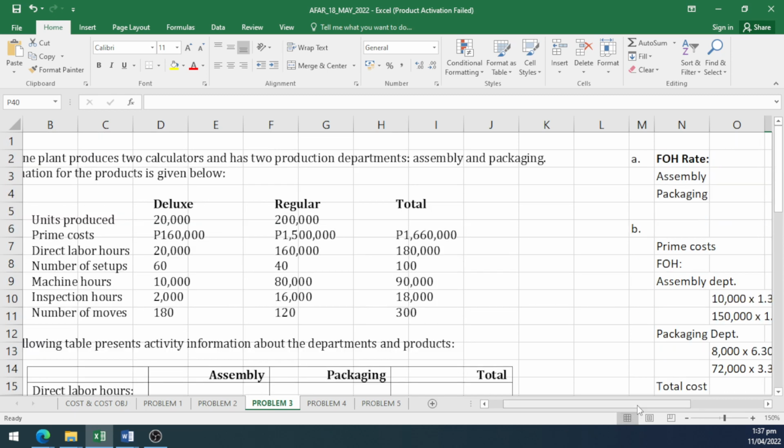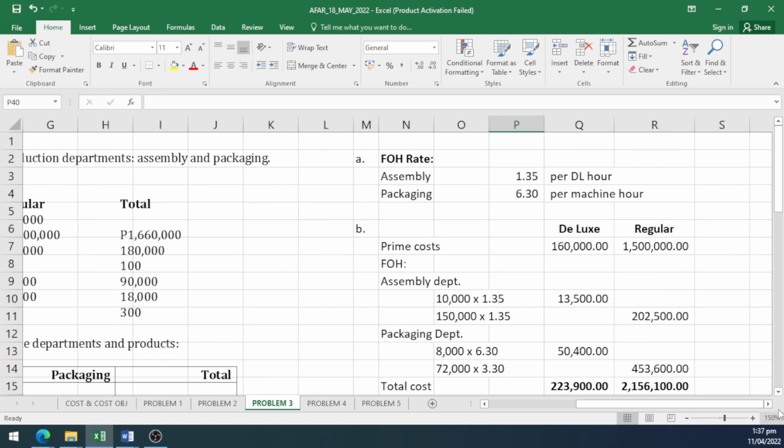So, ito po yung ating factory overhead rate. Ito po ay departmentalized system. Sa departmentalized system, kung gaano karami yung producing department, ganun karami yung ating overhead rate. Ang ibig kong sabihin, bawat producing department may separate na overhead rate.